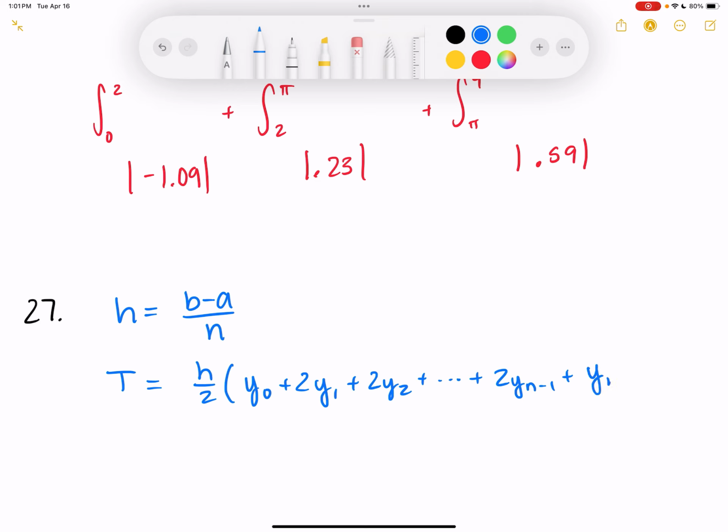So the final number and the first number are not multiplied by 2. Everything else is, and they're added together. And they told us in this problem that n is equal to 10.